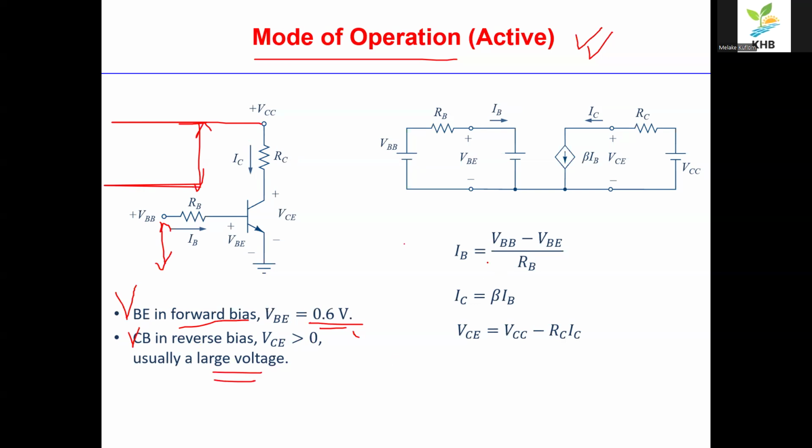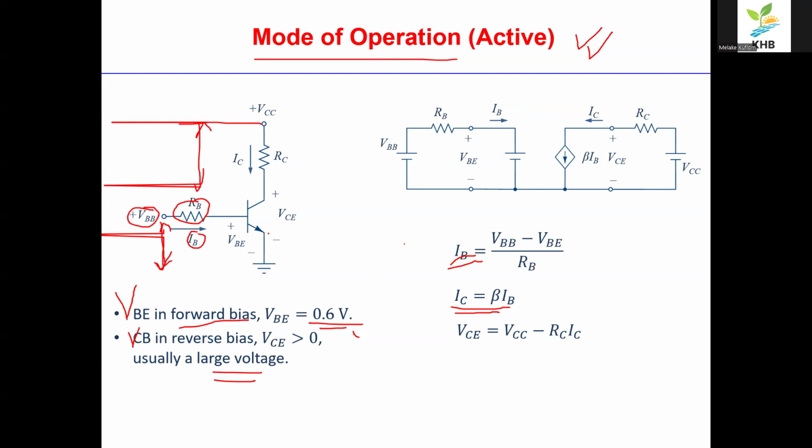Now if we look at our formulas, the collector current IC is equal to beta times the bias current IB, where IB is equal to VBB minus VBE, the voltage drop across the junction, divided by RB, this resistance.